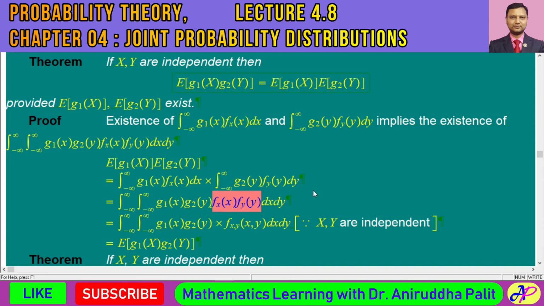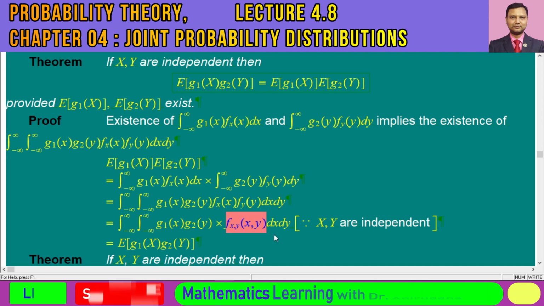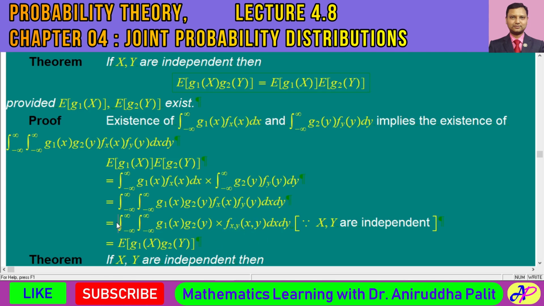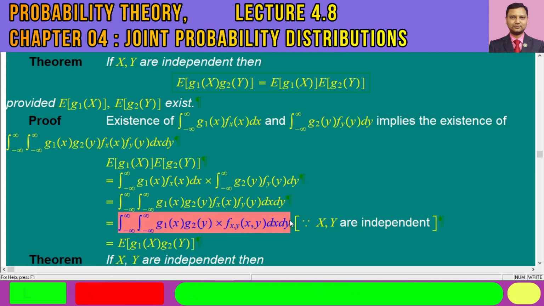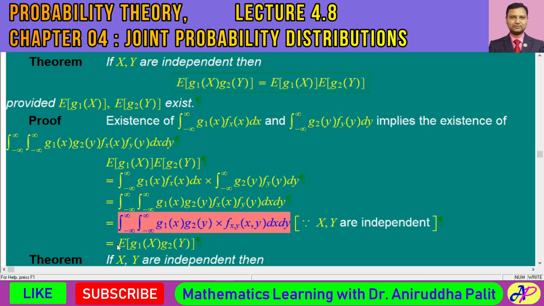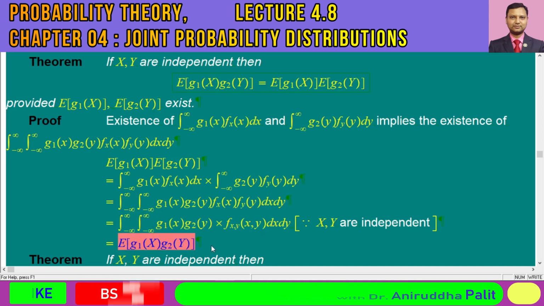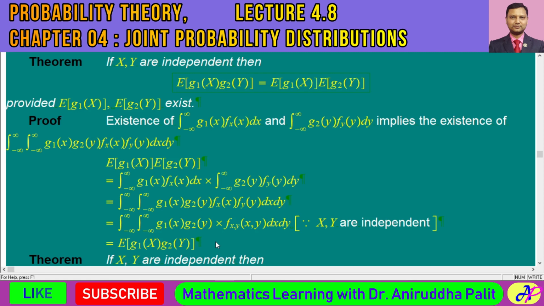therefore this product of these two marginal density functions would be equal to the joint density function of x comma y, and in that case this multiple integral would be equal to expectation of g1(x) multiplied by expectation of g2(y).